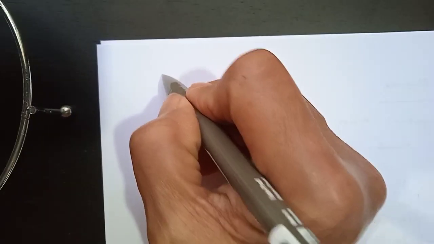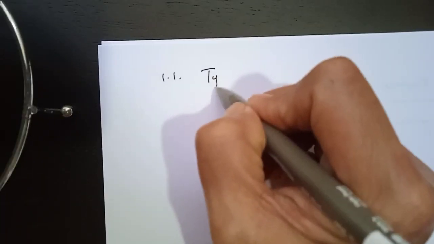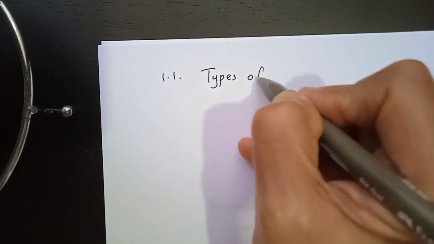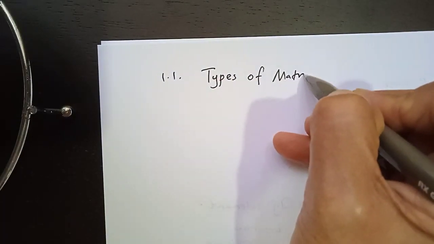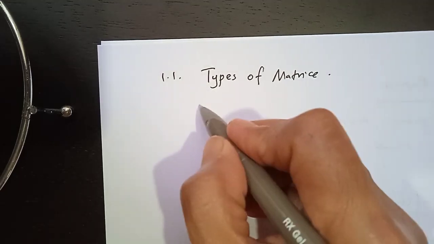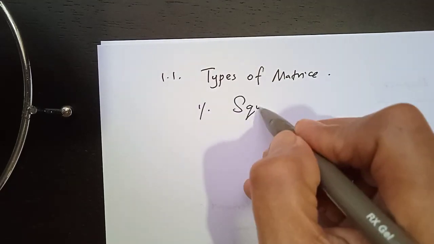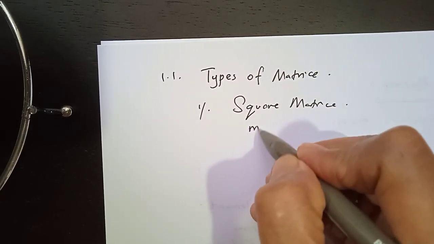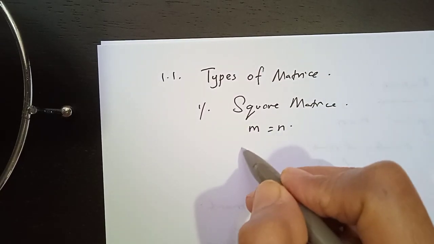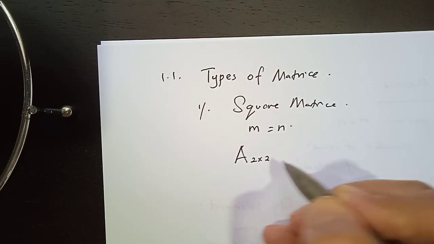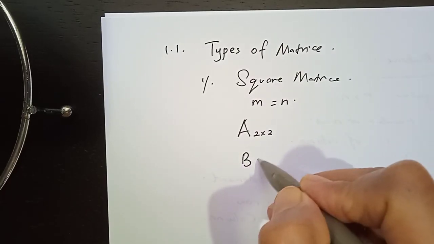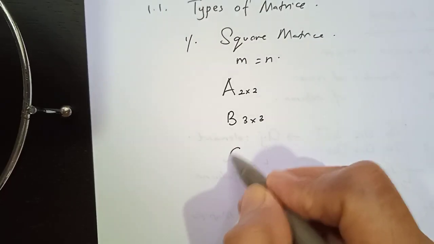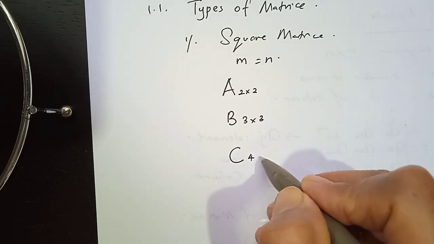Next is types of matrix. First, square matrix. Square matrix is where m equal n. For example, matrix A 2 times 2, matrix B of type 3 times 3, matrix C of type 4 times 4.